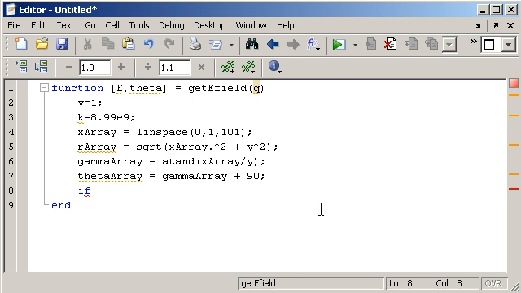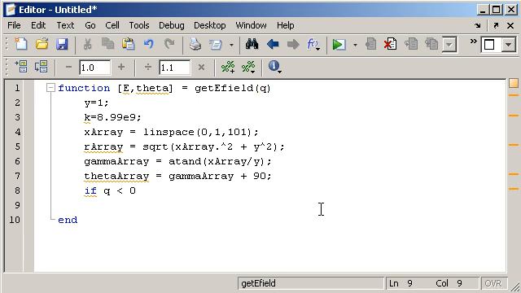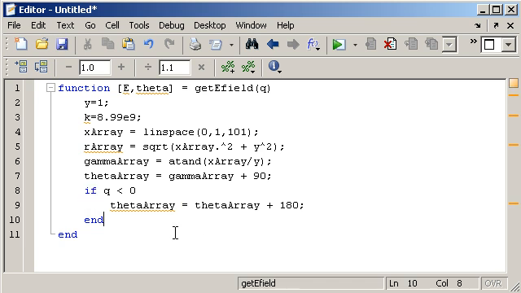I'm going to go if Q less than 0, then what we do is theta array equals theta array plus 180, to reverse the direction, to take into account that the electric field is in the opposite direction to the direction from the charged particle to the point in question. All right.